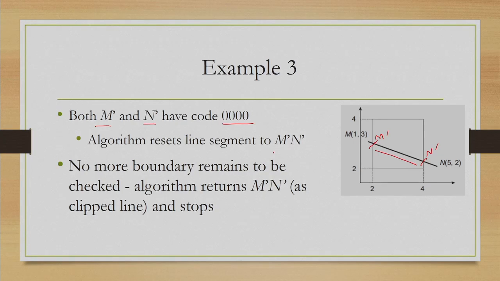So, the algorithm resets the line segment to M dashed N dashed, and we have already checked for all the boundaries. So, no more boundary remains to be checked, and the algorithm returns this line segment as the clipped line segment and stops. That is how the algorithm works.